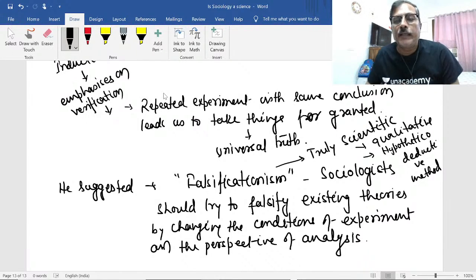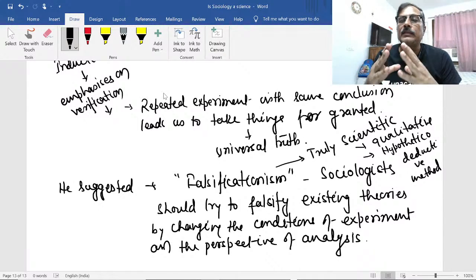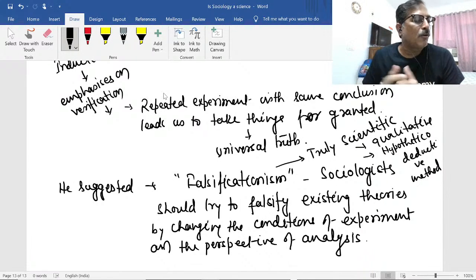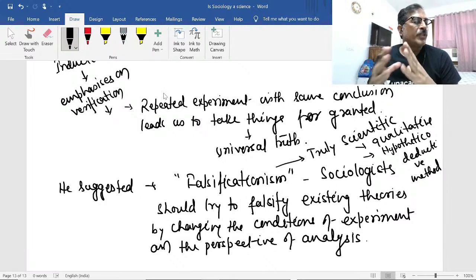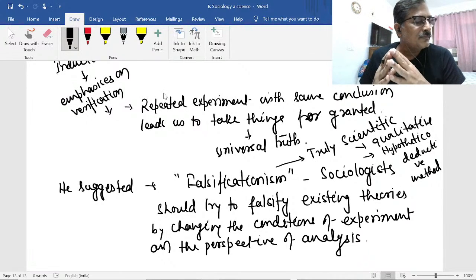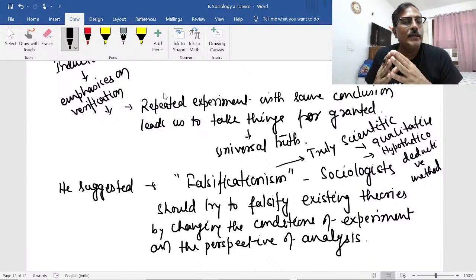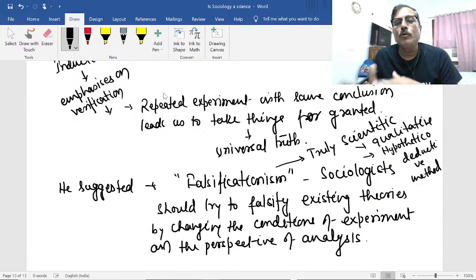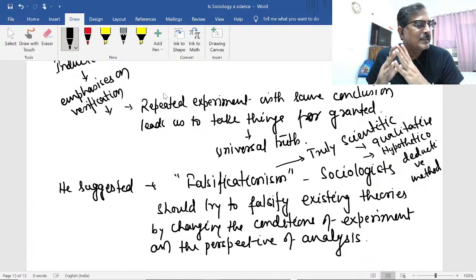And this way it will be maintaining the critical spirit, will be looking at the things critically, and that will help increase our horizon of understanding of the things. And this way, he says, intention to falsify is scientific spirit. Right? Now you see that earlier verificationism was called scientific. Now falsificationism is called scientific.